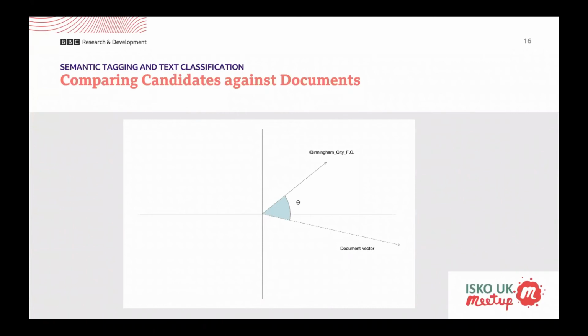And the angle between those vectors gives you a strong indication of how closely they are related. The smaller the angle, the more similar that entity or more relevant it is to that document. And so basically we would put all the candidate entities through this and select the one with the highest similarity score.